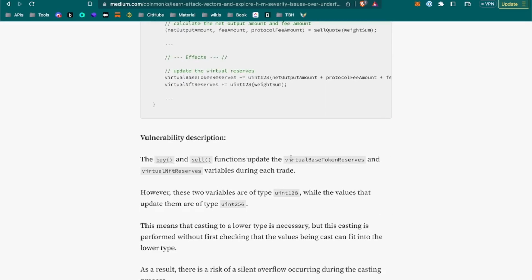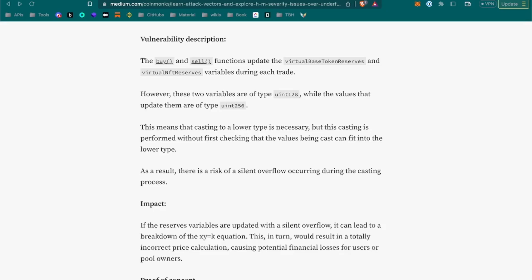In those two functions, there are the two parameters that I have pointed out. Those two variables are actually of type uint128, while the values that update them are of type uint256. As you can see above, if it's a bigger value than the maximum of uint128, the result might be corrupted.